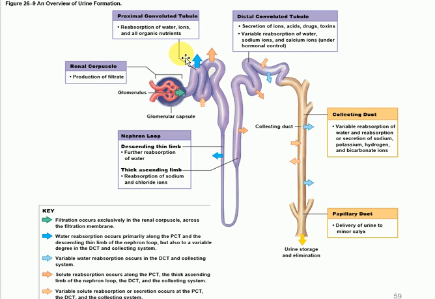The tip, the tip of the pyramids. That's why we call it the papilla. So what do you think this yellow is? Urine. So the filtrate goes to the tubules and the urine leaves the tubules, going to the minor calyx. Okay, and we will stop here.